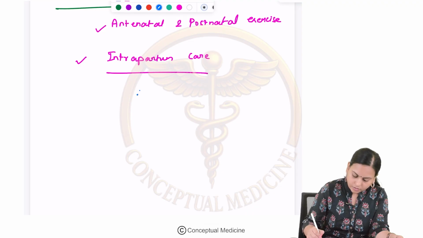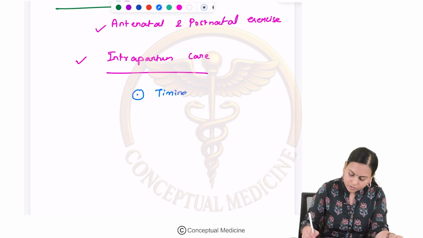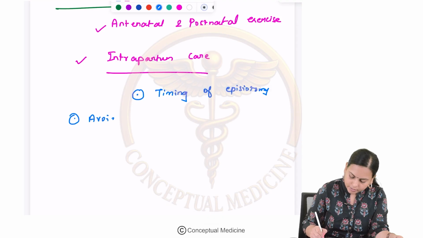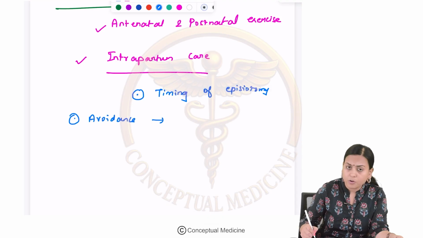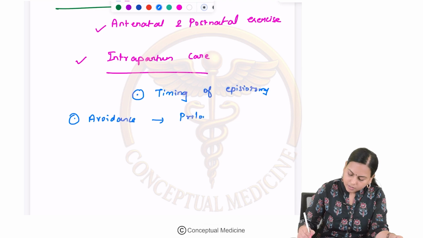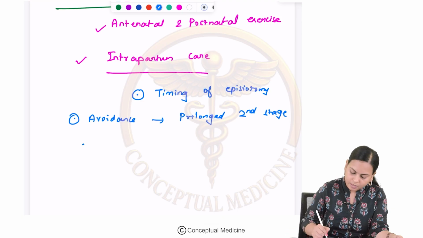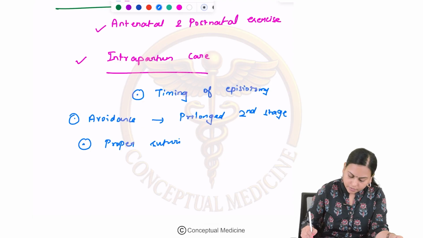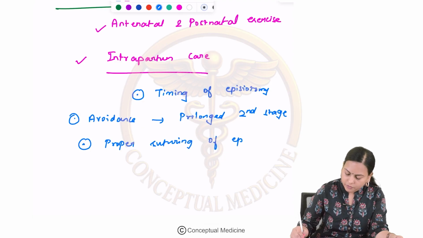Okay. You have to give episiotomy at a perfect timing, and there should be avoidance of prolonged second stage of labor, and also you should do a proper suturing of episiotomy or even a perineal tear if it happens.